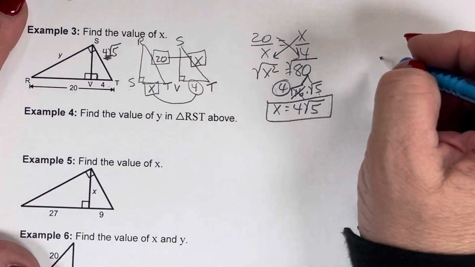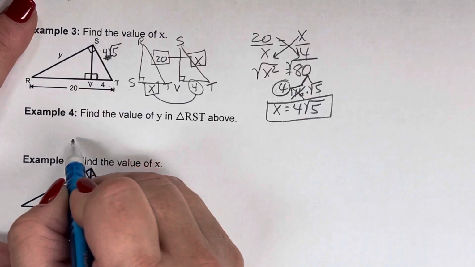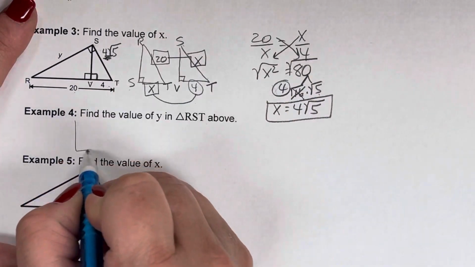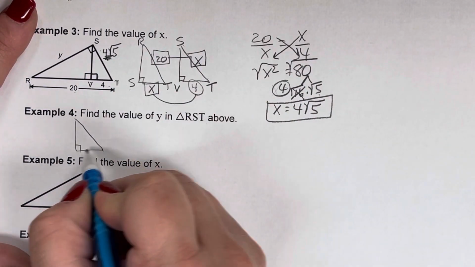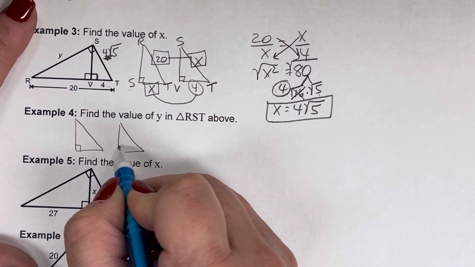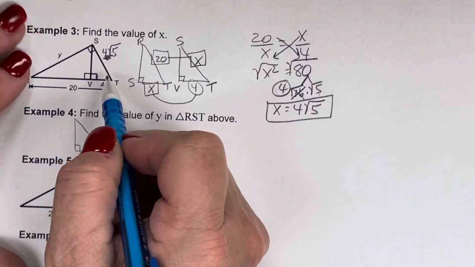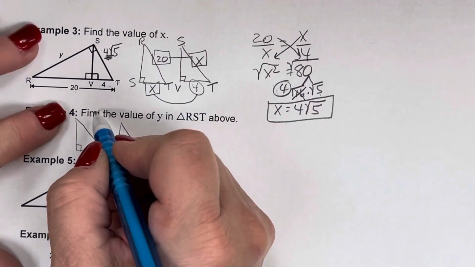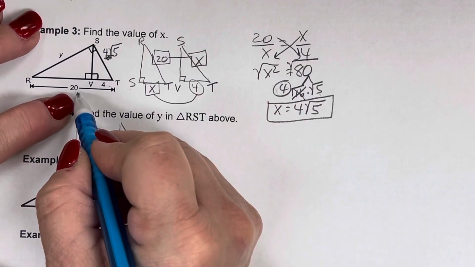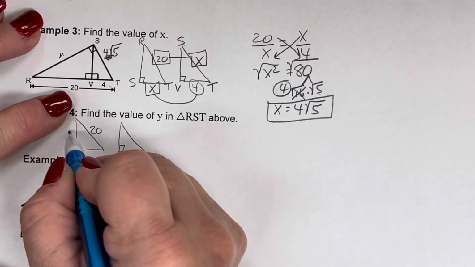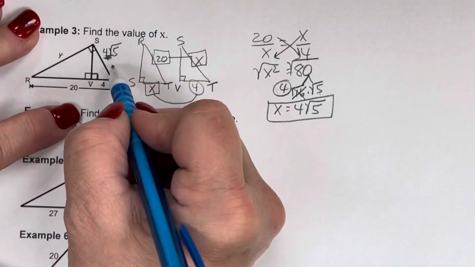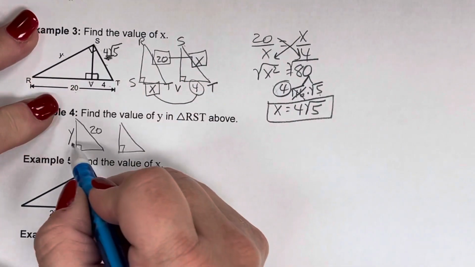Let me sketch it out and then write the problem over here. So I have the large triangle, and then I'll match up and see which one I can match up with. I know that I have 20 on the hypotenuse and y on the large side, not the small end, but the large side there.